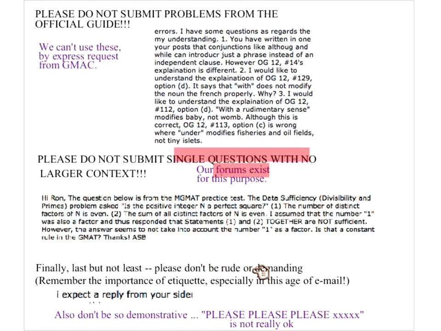Finally, etiquette is important. I know there's a language barrier with some individuals, but remember that this is a gathering of potentially future business people, and business is all about relationships and etiquette and all that fuzzy stuff. So you have to learn to not come across as rude, even if it's unintentional.